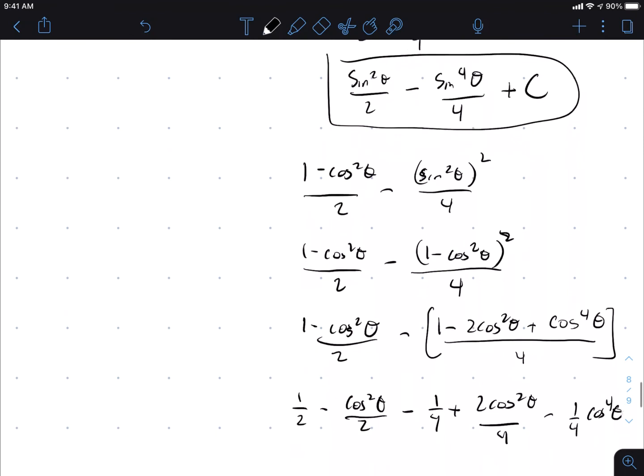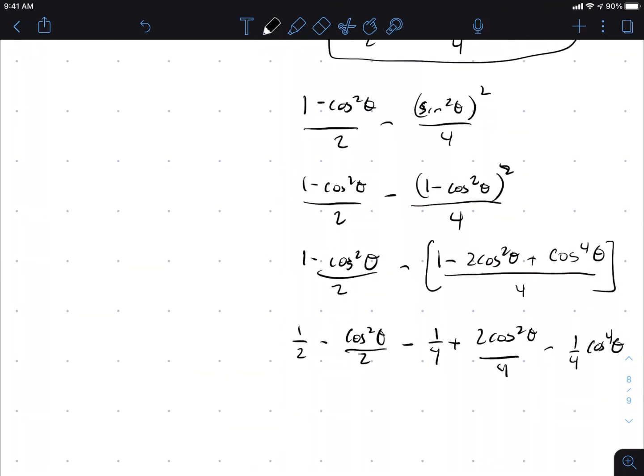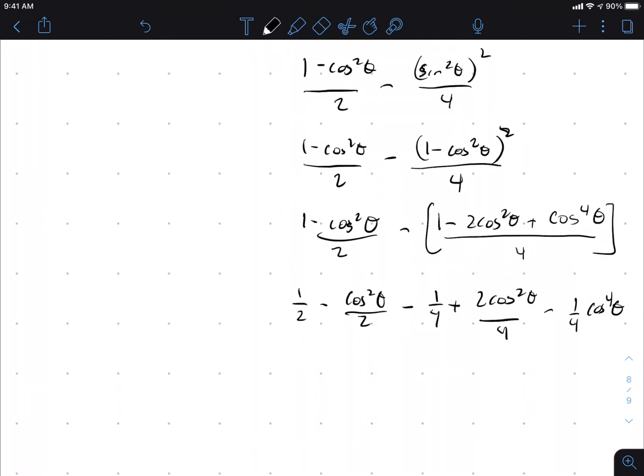Oh, cool. Let's see what happens. Minus 1/2 cosine squared theta over 2. I can clean that up. Bear with me. 1/2 cosine squared theta minus 1/4 cosine to the 4th theta.